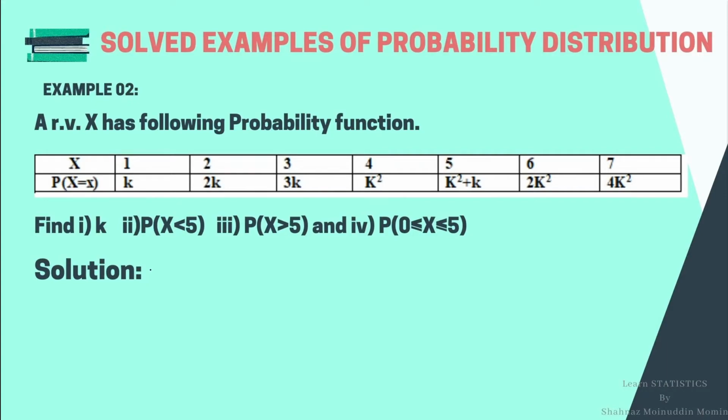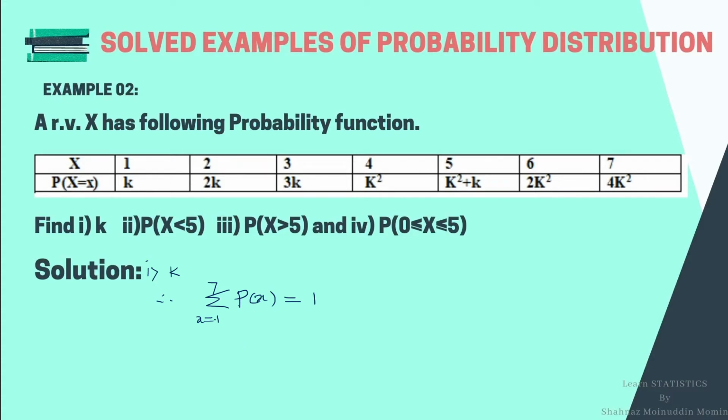We shall find out k. Here, since the given function is a probability function, therefore we know that the sum of all probabilities equal to 1. Here x is 1 to 7. By using this equation, we obtain the value of k.